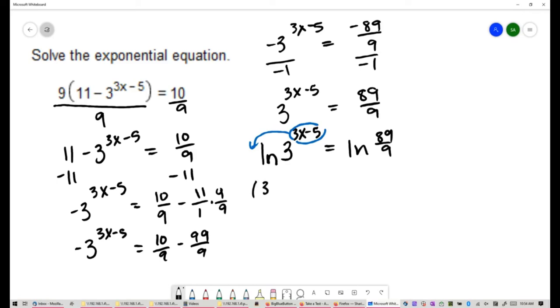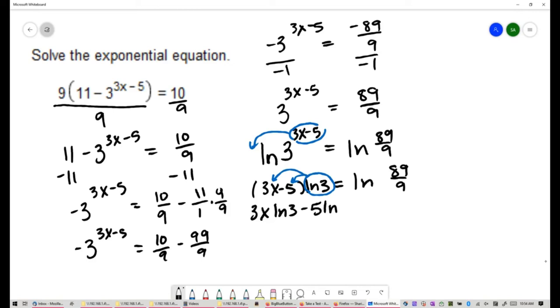And I would have 3x minus 5 times natural log of 3 equals natural log of 89 over 9. Then I need to get rid of these parentheses using the distributive property. 3x natural log of 3 minus 5 natural log of 3 equals natural log of 89 over 9.